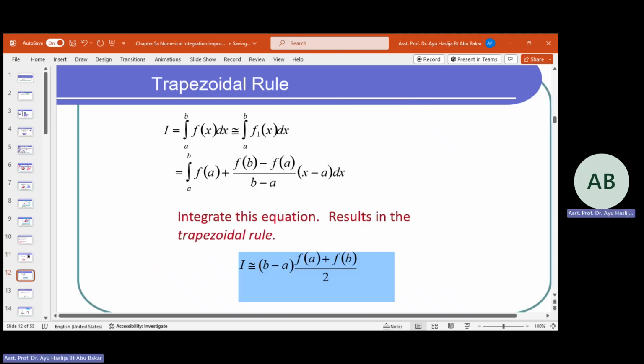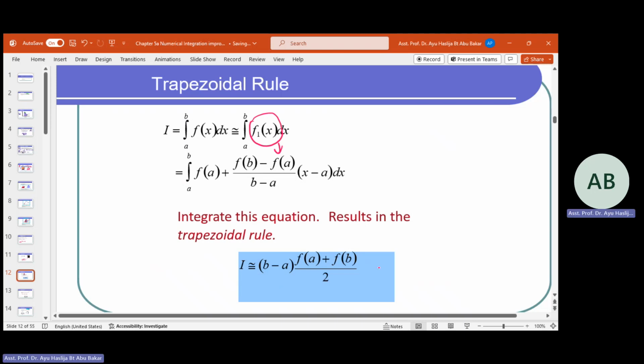Now moving forward, this is the function that comes from this order, f1(x). So this is the expanded equation. You need to integrate it to find the area under the curve. But using numerical integration, we use this equation.